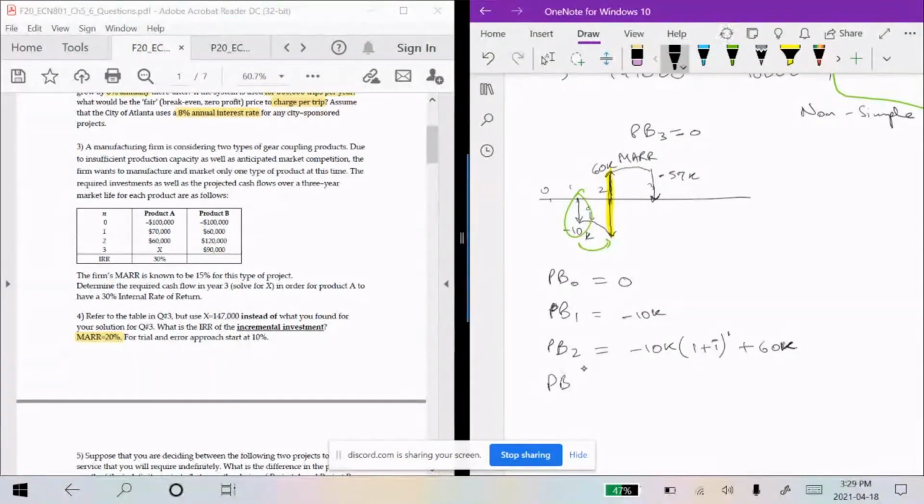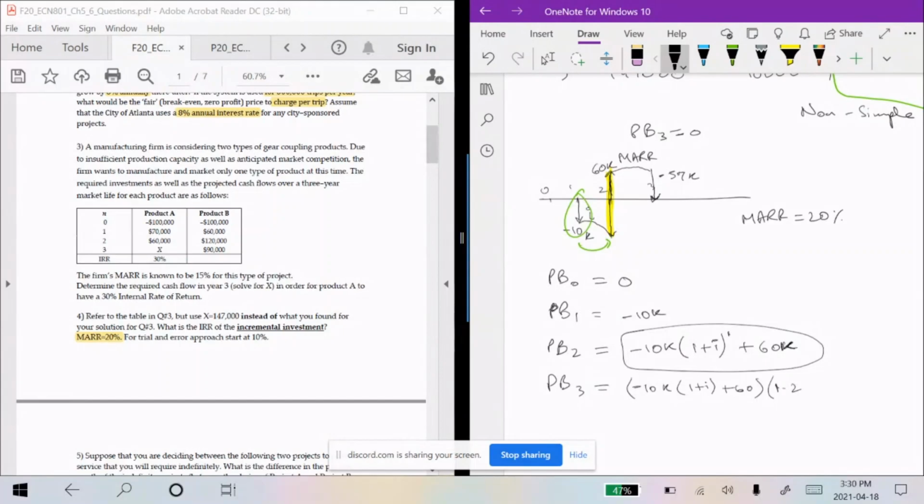The project balance at the end of the third period, this whole thing is going to get affected by the MAR and not the IRR. What you do for this is minus 10K, 1 plus I, plus 60. This whole amount, we need to take forward to the third period. So to do this, we're going to use the MAR. The MAR was 20%. This was given to us in the question.